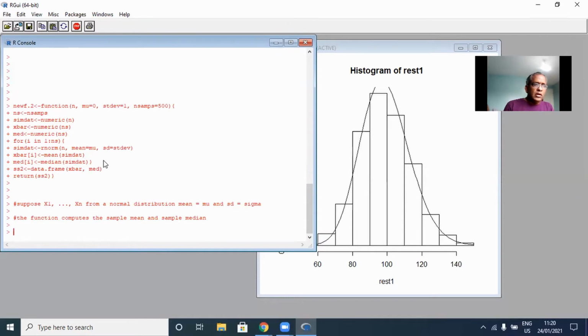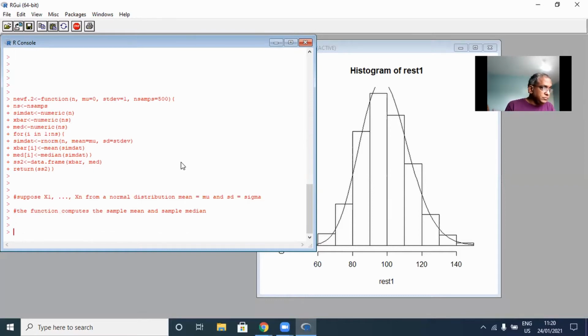And it returns the sample mean and the sample median. Now the purpose of this exercise is to look at the distribution of the sample mean and the distribution of the sample median for different values of n.